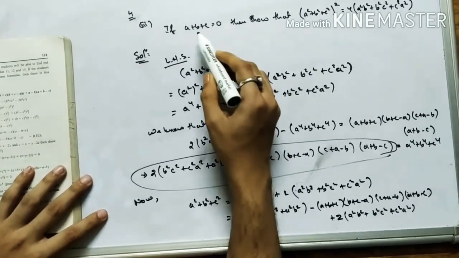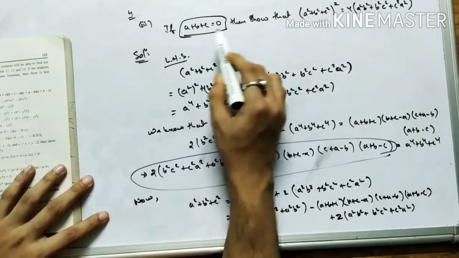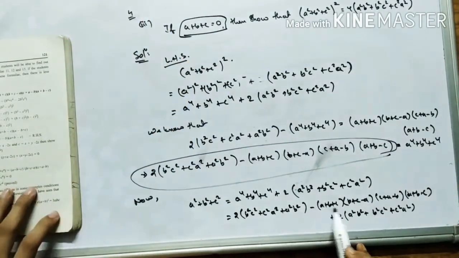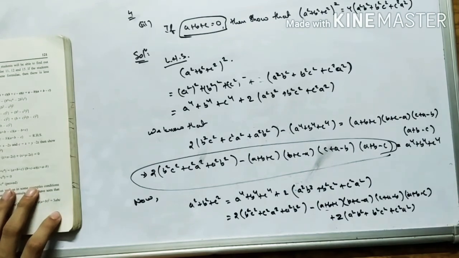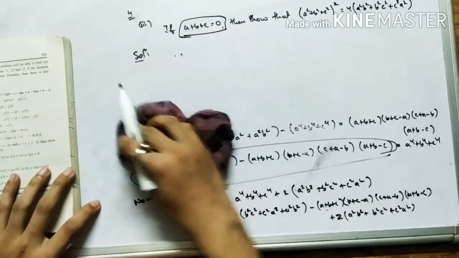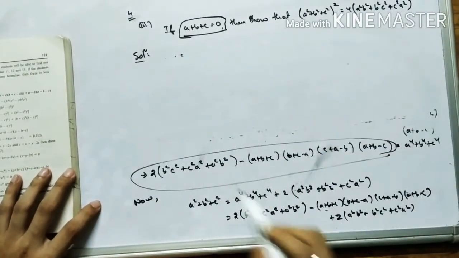Now you see, in the question it was given that a plus b plus c is equal to 0. So this 0 I will put in here. Understand? This 0 I will put in here.